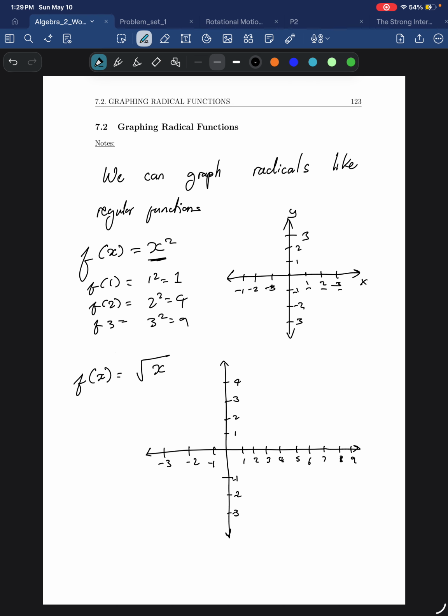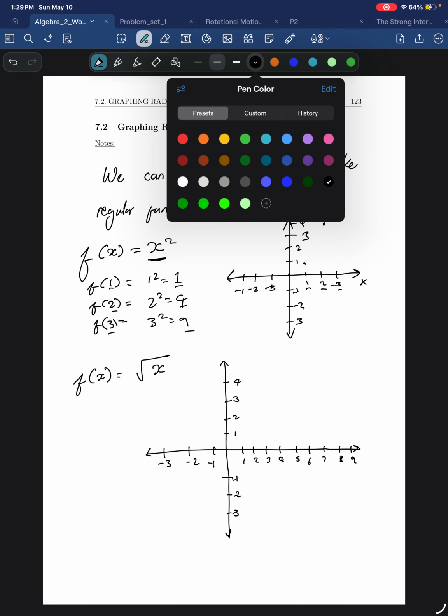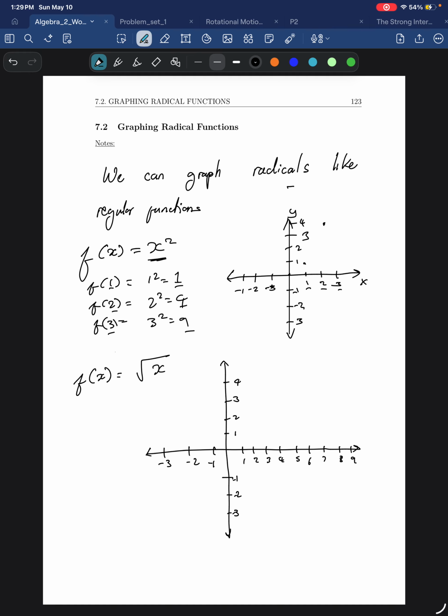So I know my points are (1, 1), (2, 4), and (3, 9).